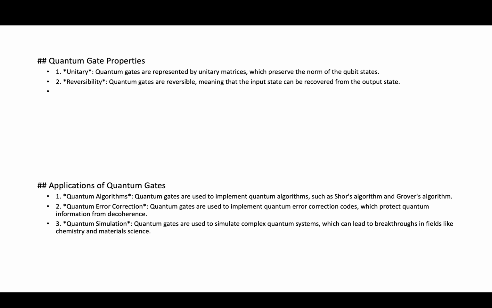As part of quantum gate properties, unitary: quantum gates are represented by unitary matrices, which preserve the norm of qubit states. From the reversibility perspective, quantum gates are reversible, meaning that the input state can be recovered from the output state.